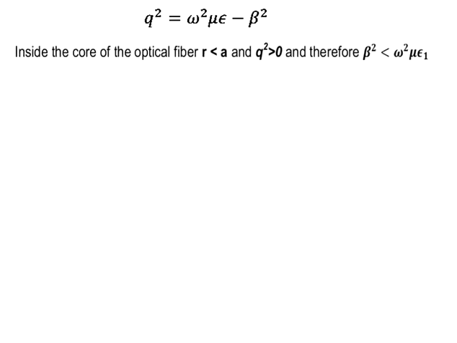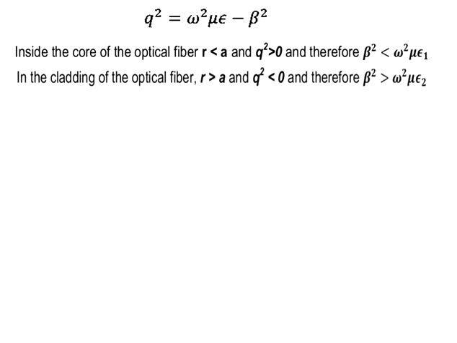Inside the fiber core, the radial distance is less than the radius of the core. a indicates the radius of the core and r indicates the radial distance. When r is less than a, q square is greater than 0, and therefore we can say beta square is less than omega square mu epsilon 1.